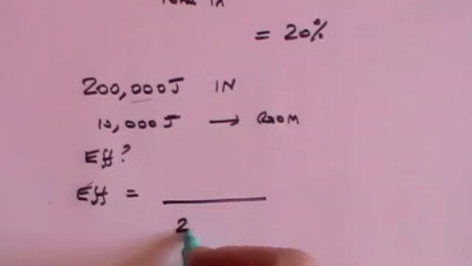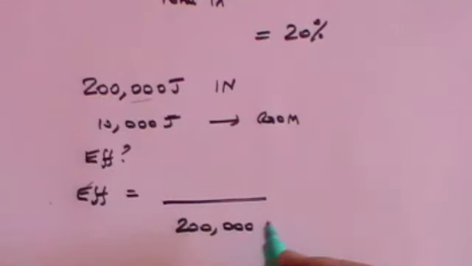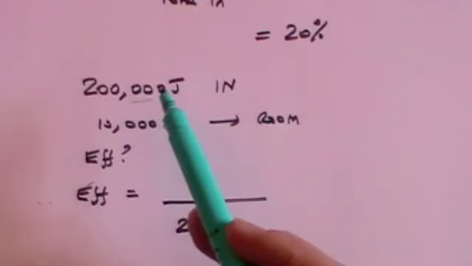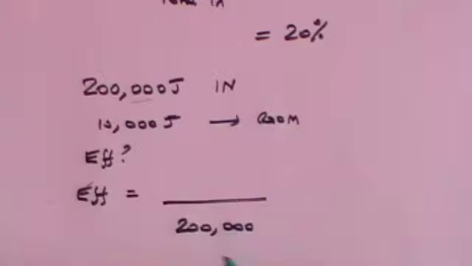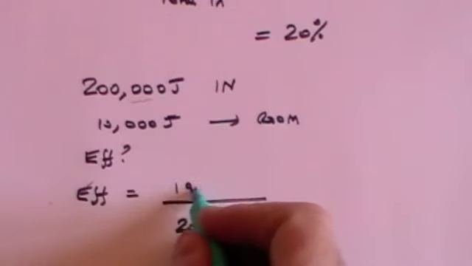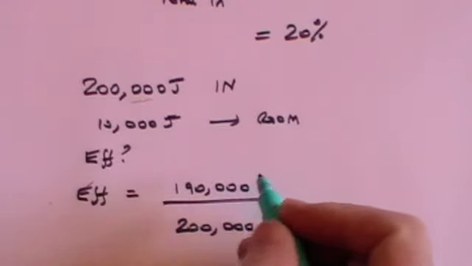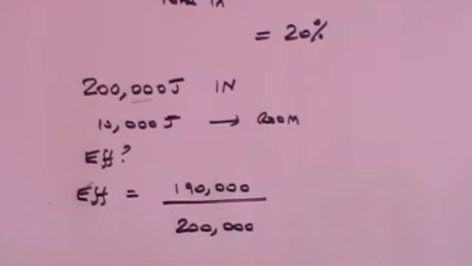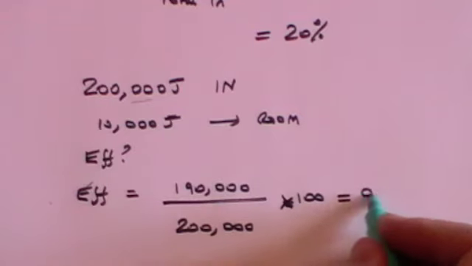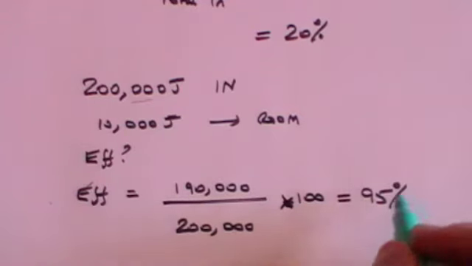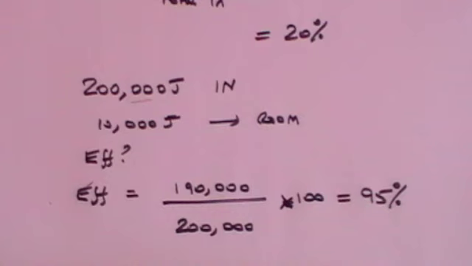It's 200,000, so that's going to be in the denominator. What is the useful energy out? Well, it's the total energy minus the wasted energy. So 200,000 minus 10,000 is 190,000. So that's the useful energy that is coming out. And you multiply that by 100, of course, and that will give you 95%. So the efficiency of that kettle is 95%.